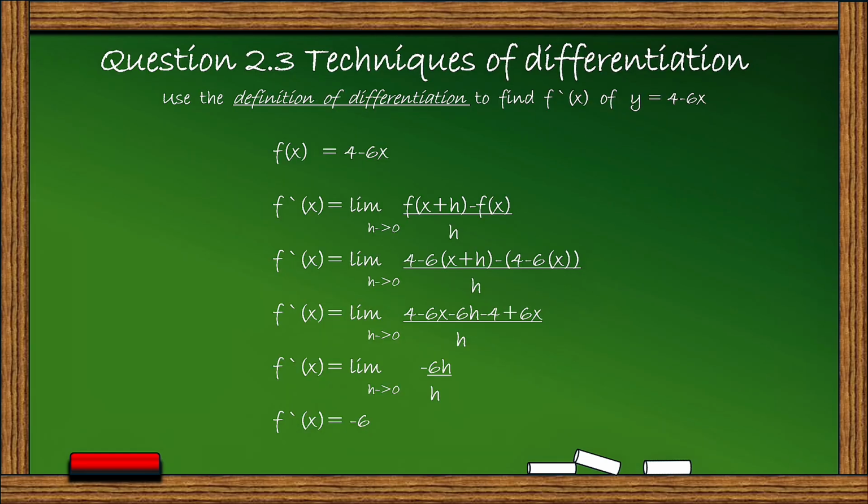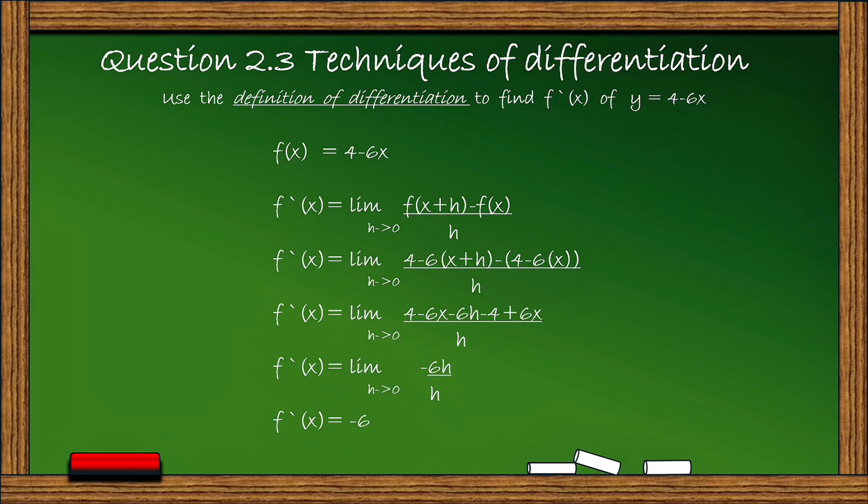The question was to use the definition of differentiation to find f prime x of y equals 4 minus 6x. For the function y equals 4 minus 6x, we calculate 4 minus 6 open bracket x plus h close bracket, minus open bracket 4 minus 6x close bracket.